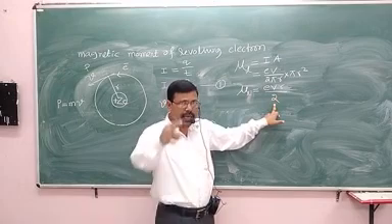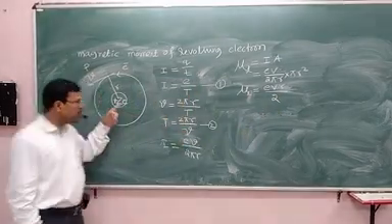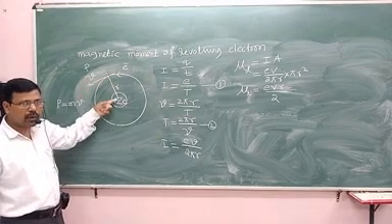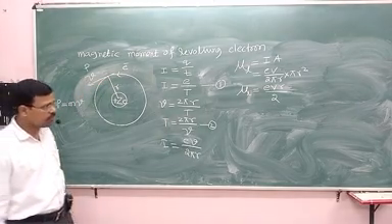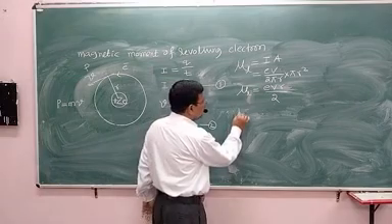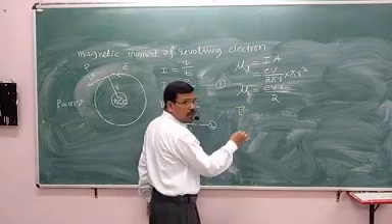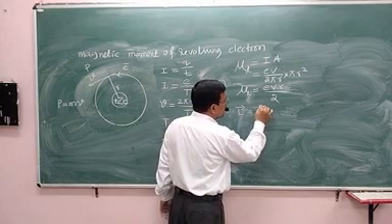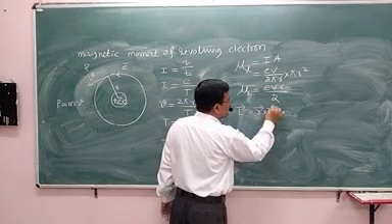Yes, as I have told you, the angular momentum is the cross product of linear momentum and radius. We know that the angular momentum is a vector quantity. It is the cross product of two vectors, r cross p.